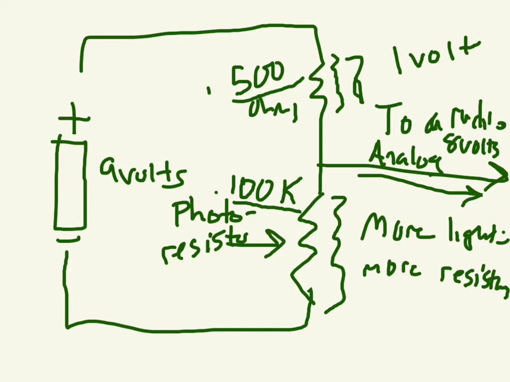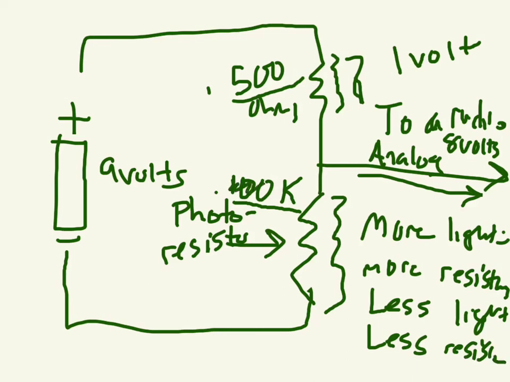But let's say at night we have less light, which obviously means, yep, you got it, less resistance. Let's say this was down to a meager 5 ohms. Well, now 500 ohms is way bigger than 5 ohms, so the majority of the voltage drop is going to occur over this resistor.